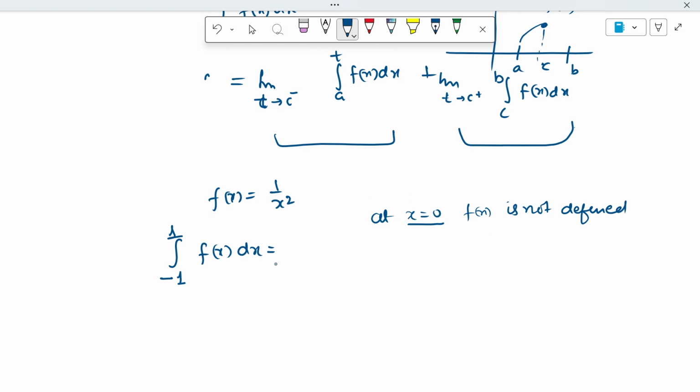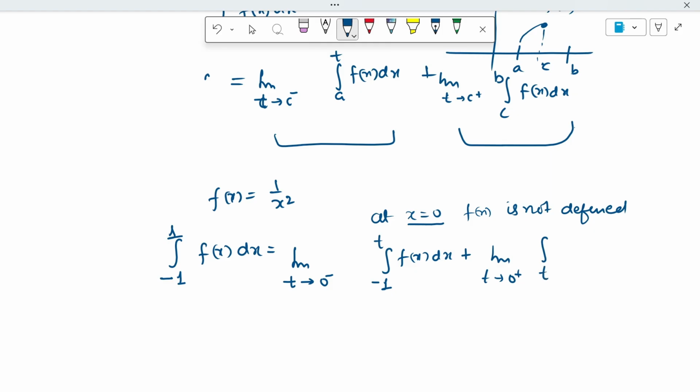So we will write this way. We will solve this by introducing a variable t, that is 0 minus. Okay, so the lower limit is -1 to t f(x) dx plus limit t equals to 0 plus. So we are not at 0, we are at 0 plus or 0 minus.